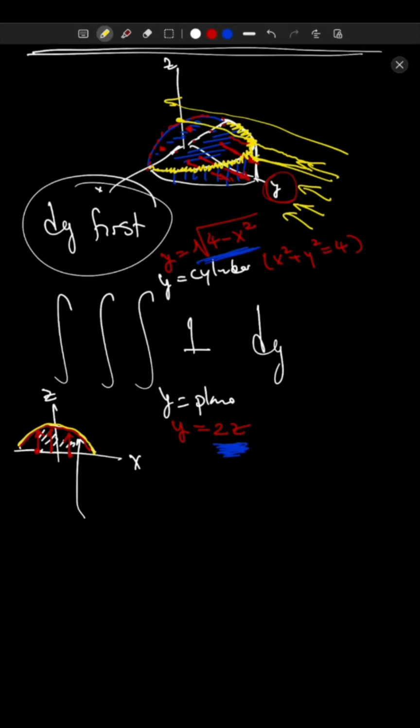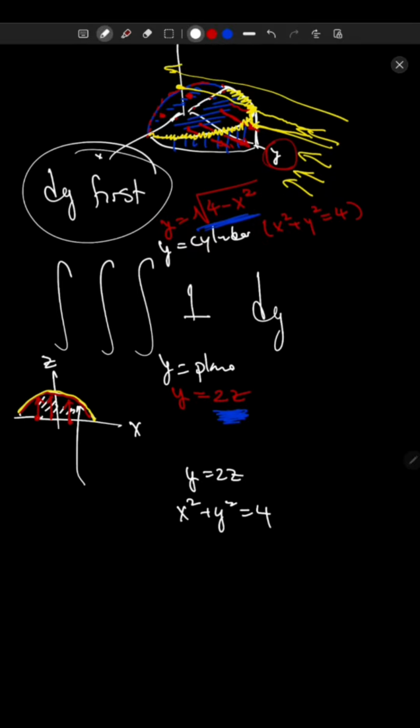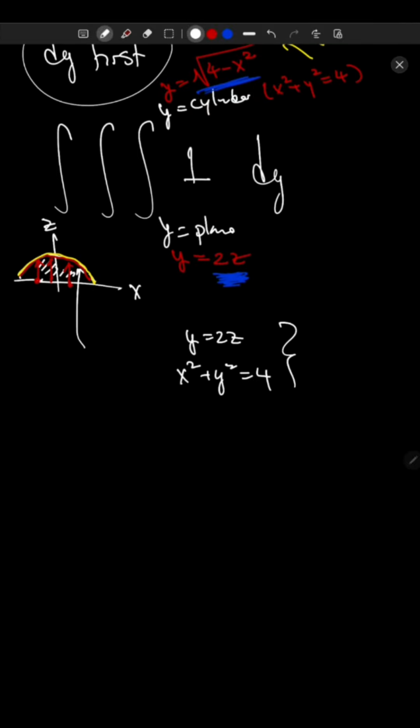The plane was y equals 2z. And our cylinder was x squared plus y squared equals 4. So the intersection is given by both of these equations satisfied simultaneously, which means x squared plus (2z) squared equals 4.